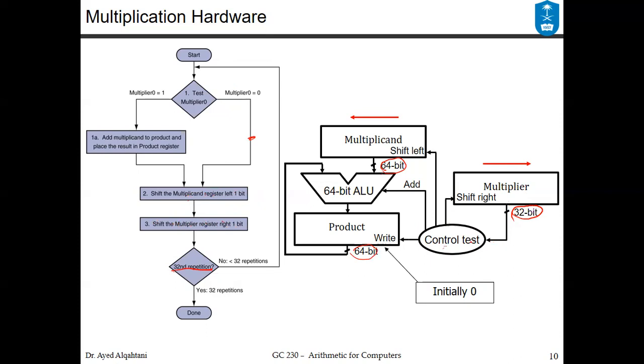It goes to the control test, and based on that, it tells the multiplier to shift to the right, it tells the multiplicand to shift to the left, and tells the adder to do the add operation, and it tells the product to either add the multiplicand or do no operation.